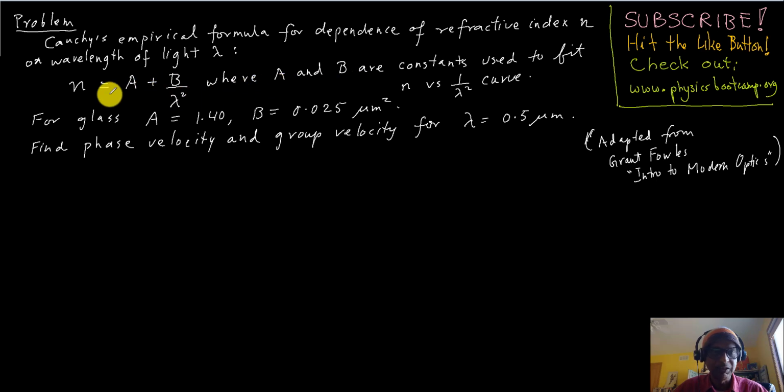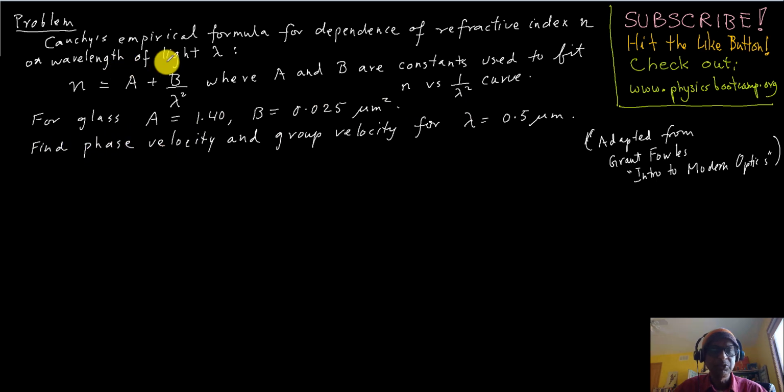You can find A and B by doing an experiment which determines n using different wavelength light, and you plot it. Then A is like an intercept and B is like a slope in this plot. I got this problem from this book, and I just reworded it a little bit differently.